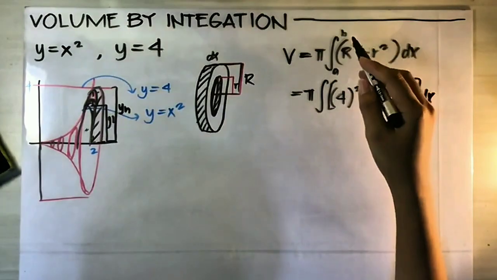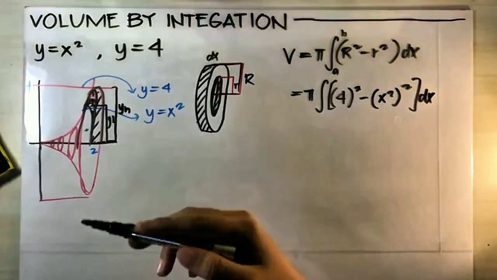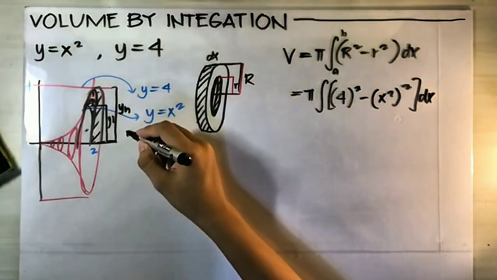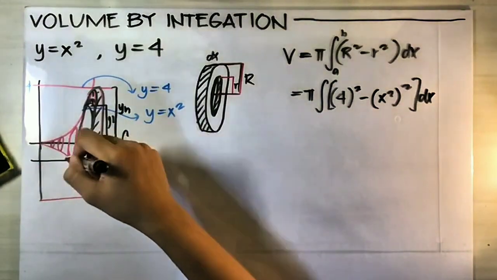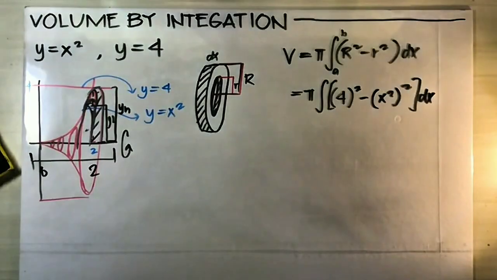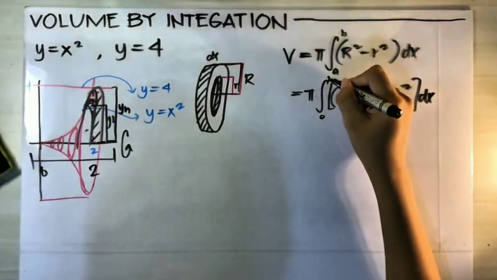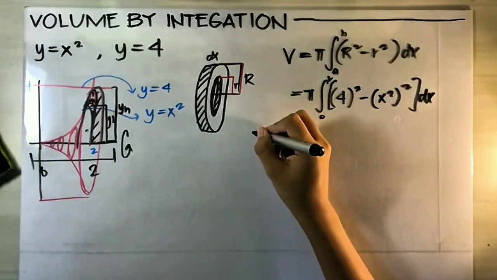And then our limit is, since we revolve it in the x-axis, from the x-axis. So from 0 to 2.